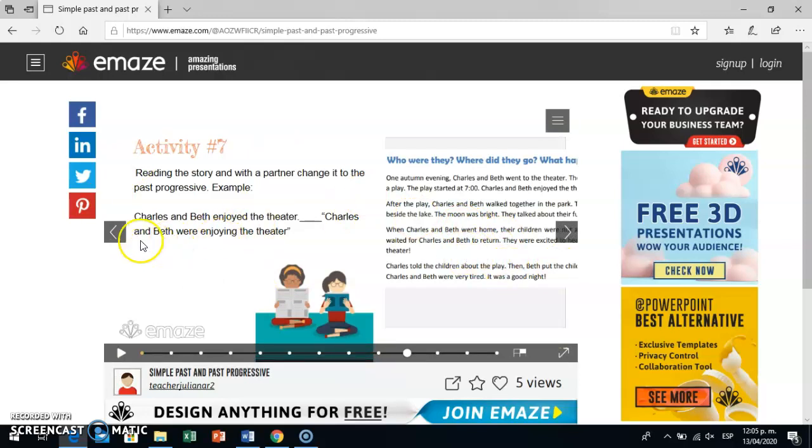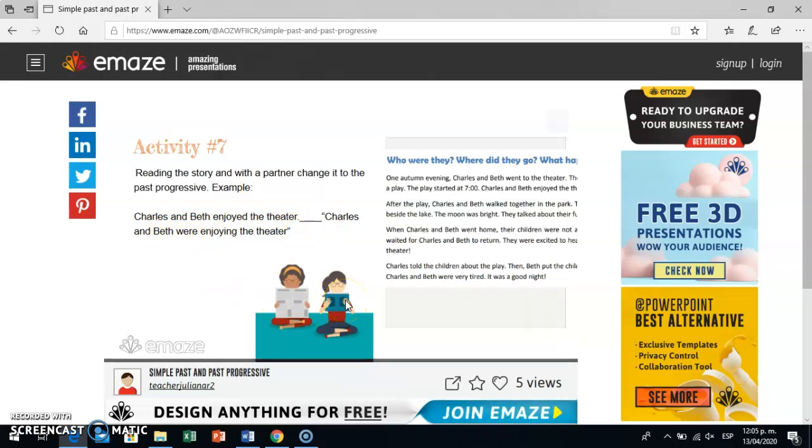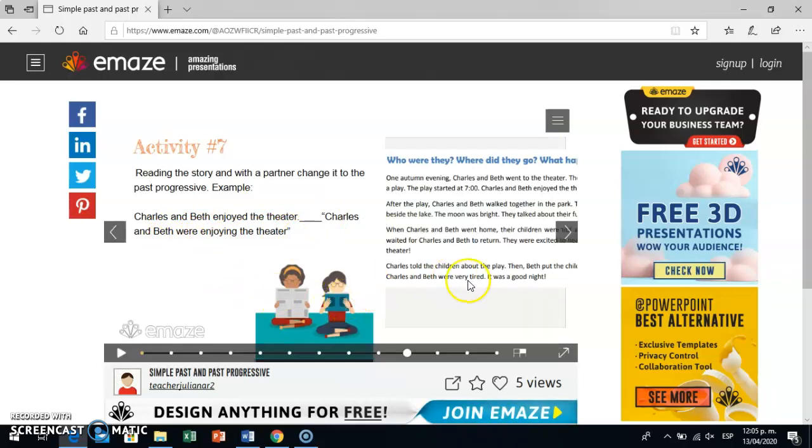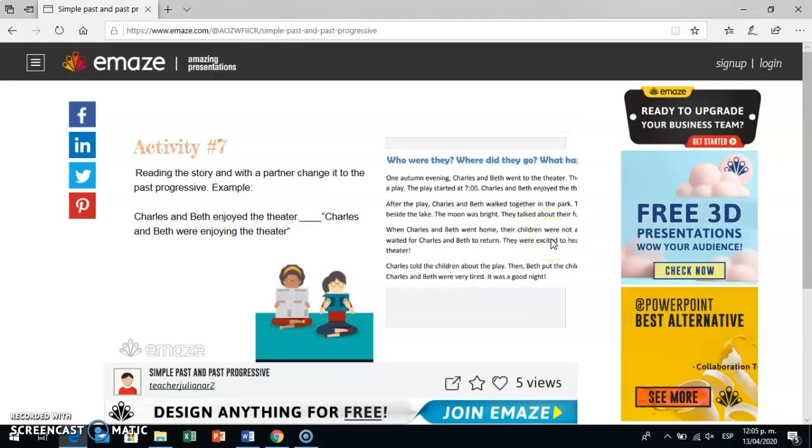For example, Charles and Beth enjoyed the theater. This is past simple. And Charles and Beth were enjoying the theater is in past progressive. This is the activity. Change the tenses.